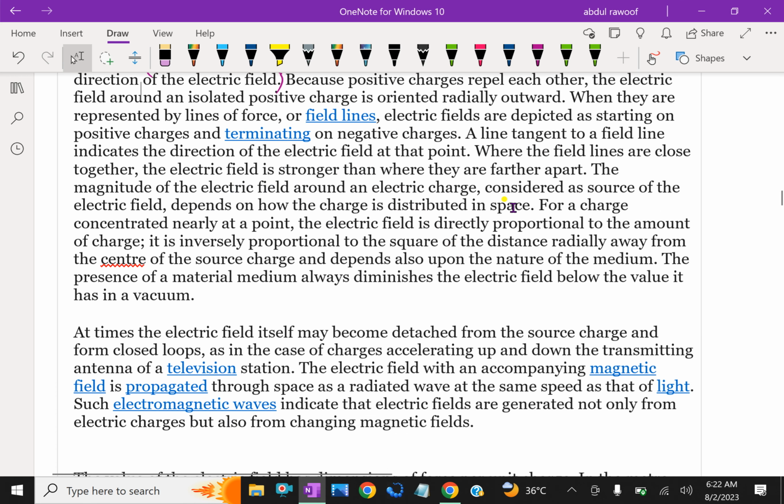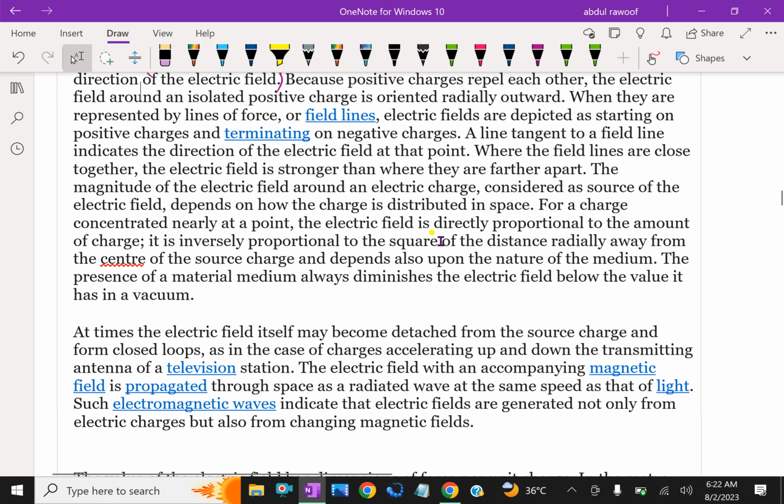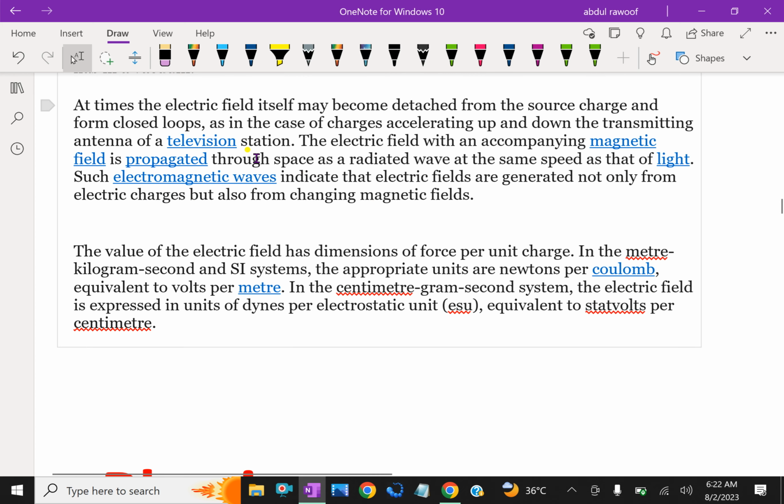A line tangent to a field line indicates the direction of the electric field at that point. At times, the electric field itself may become detached from the source charge and form closed loops, as in the case of charge accelerating up and down the transmitting antenna of a television station, for example.